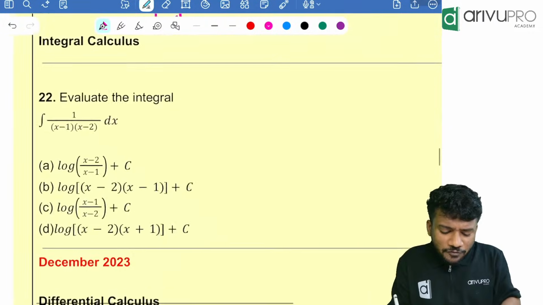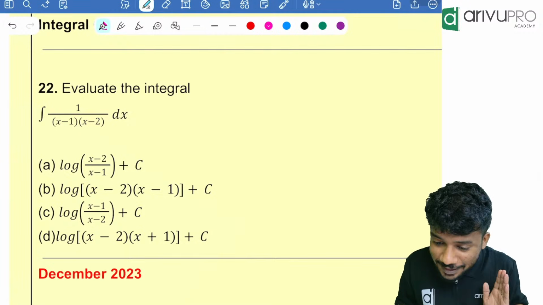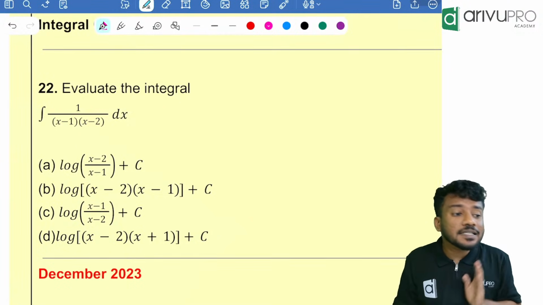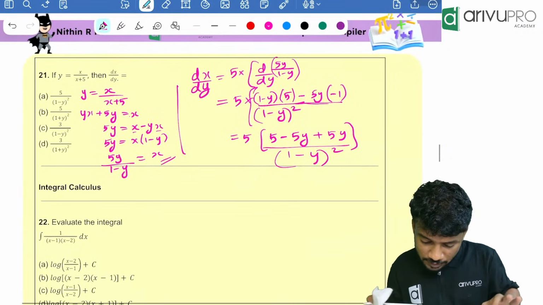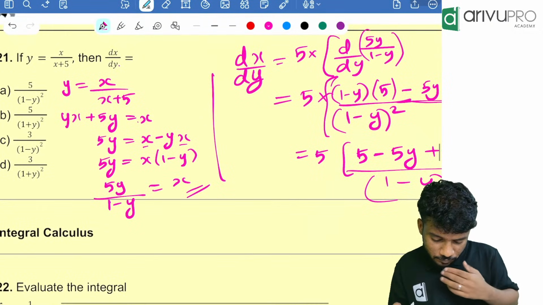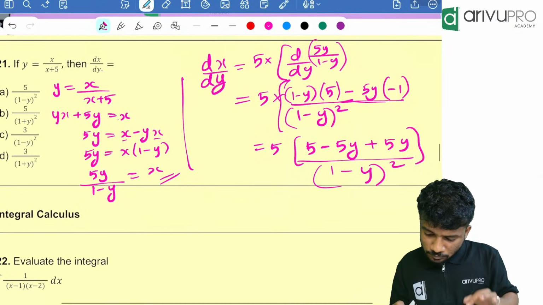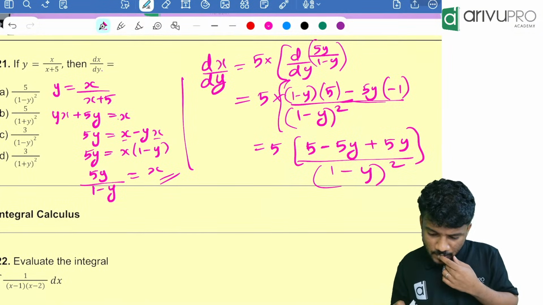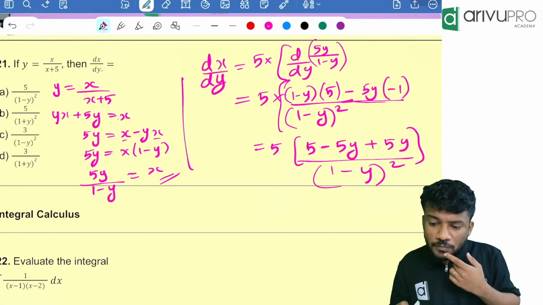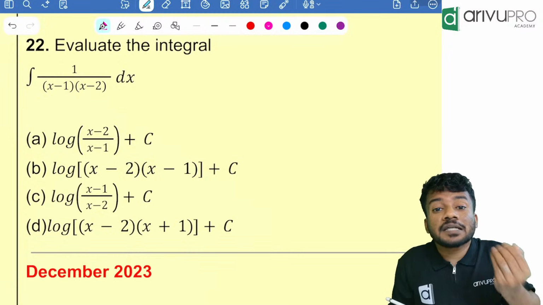Now the final question of that attempt, people. This is where partial fraction comes into the picture.